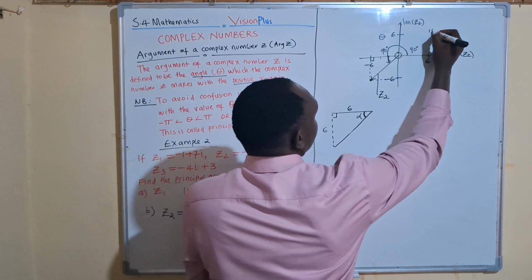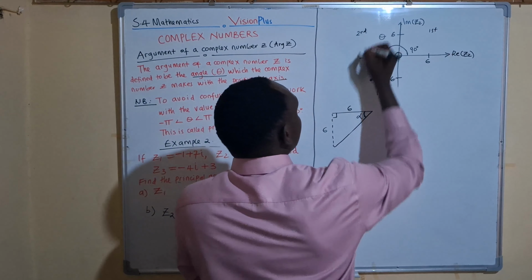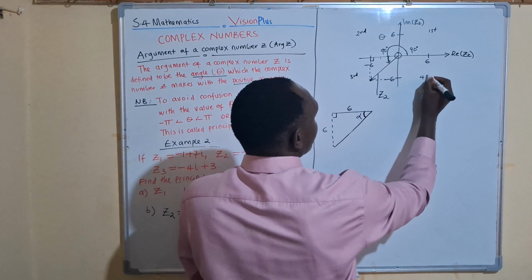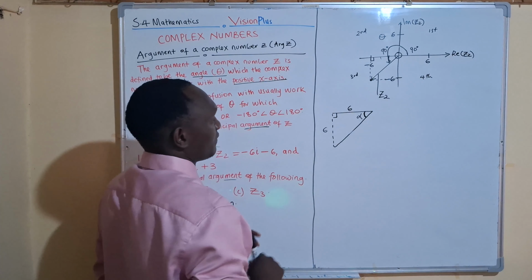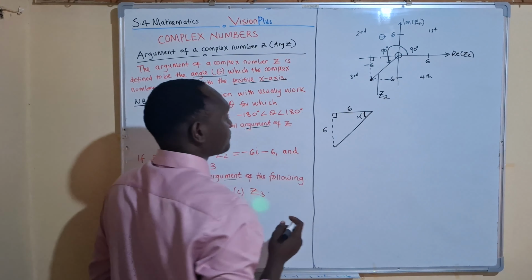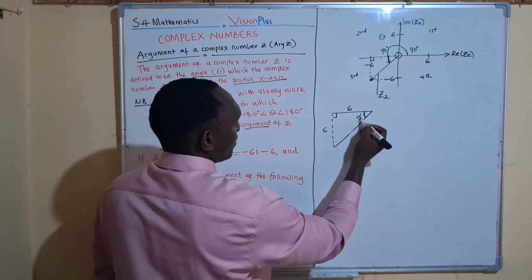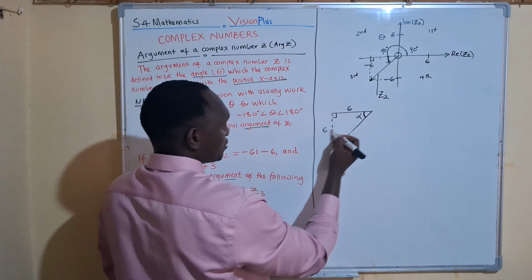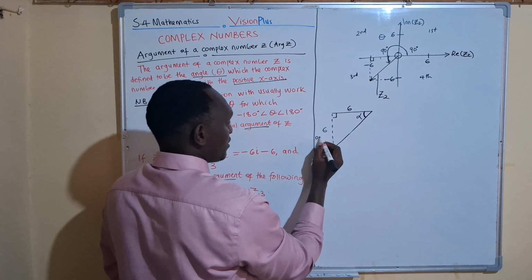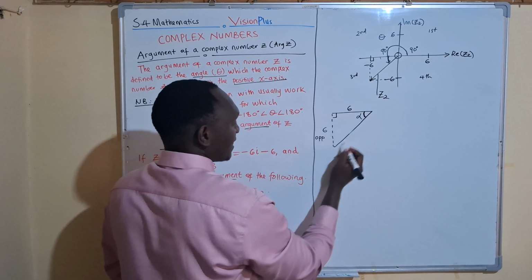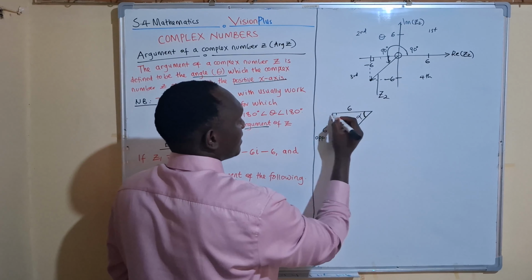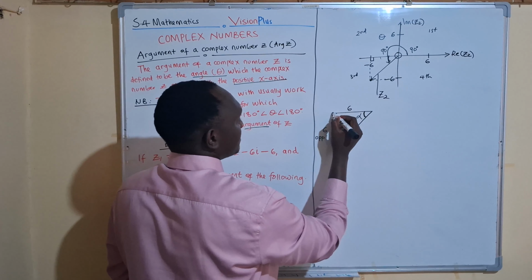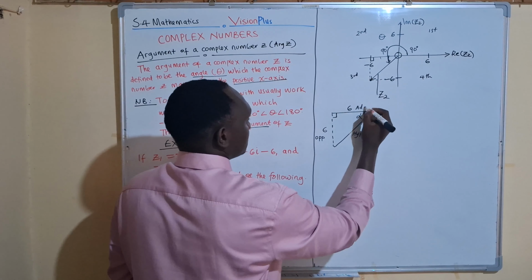Remember, this is the first quadrant, second quadrant, third quadrant, and this is the fourth quadrant. Now this is our angle alpha. Opposite to the angle is 6. The longest side is always the hypotenuse, which is not given. The side adjacent to the angle is the adjacent.